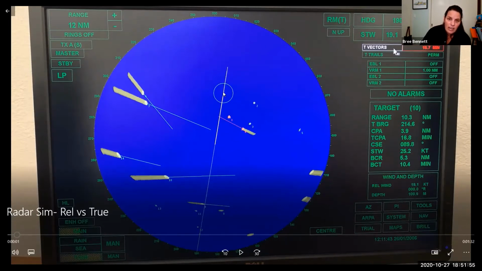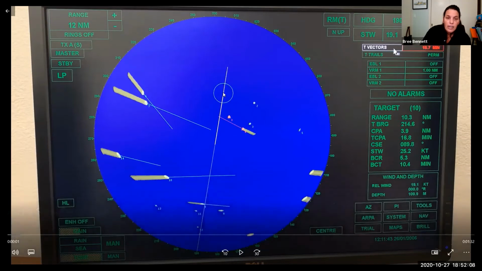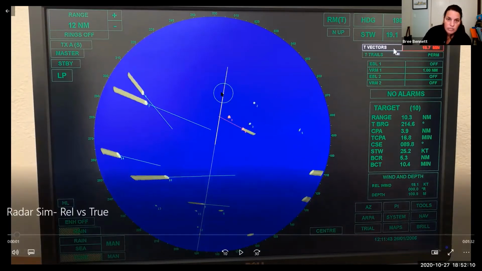So this is me, and everything is reflecting around me. You can see that I am not in the center of the circle, which makes it a little confusing, but that's the way it goes.